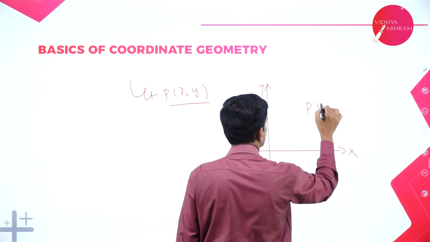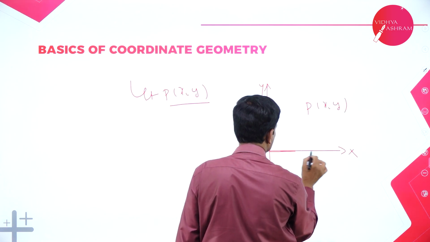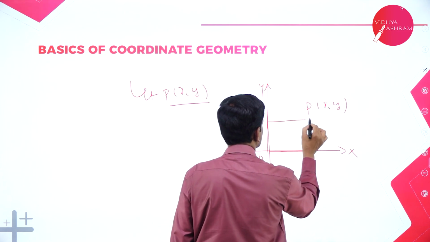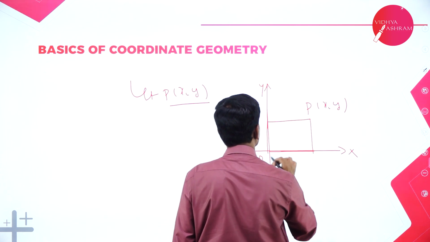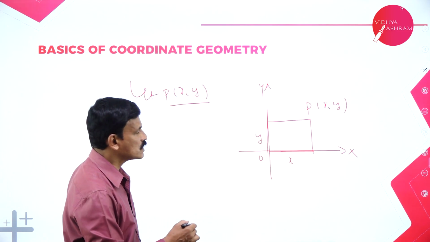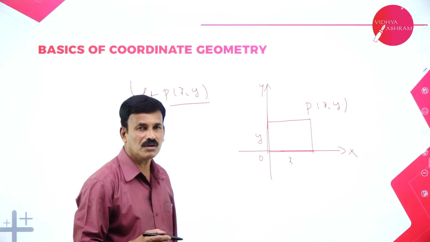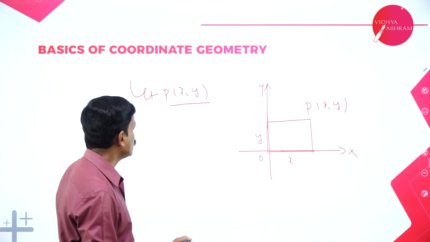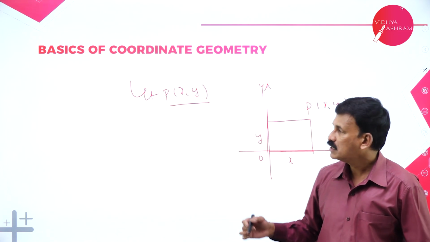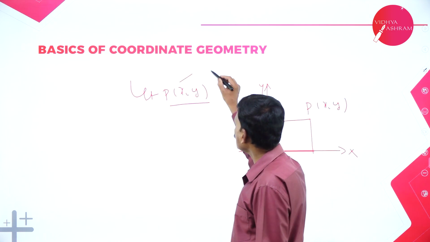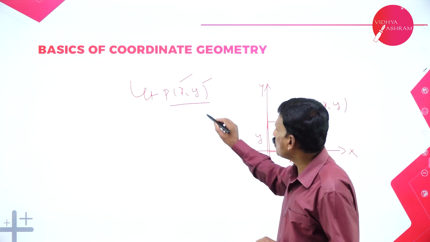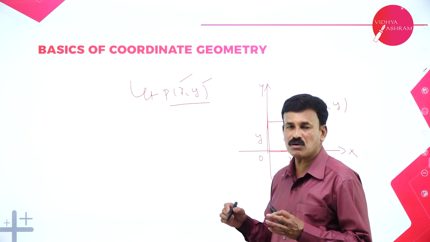Any point P(x, y), this is how we represent a point, the ordered pair P(x, y), x coordinate and a y coordinate. Here x is called the abscissa and y is called the ordinate.